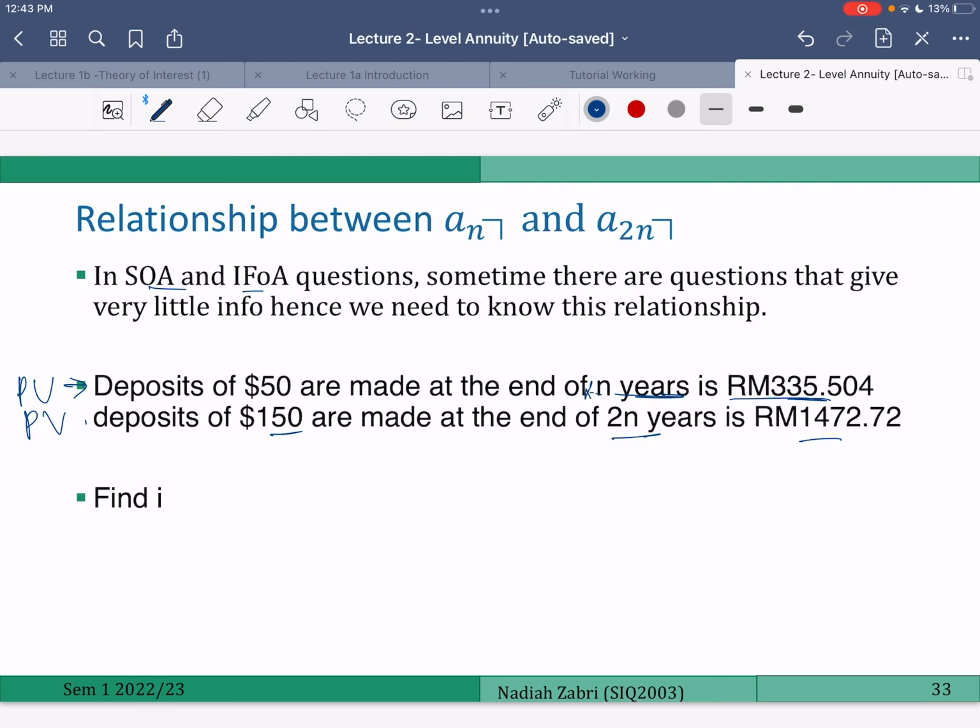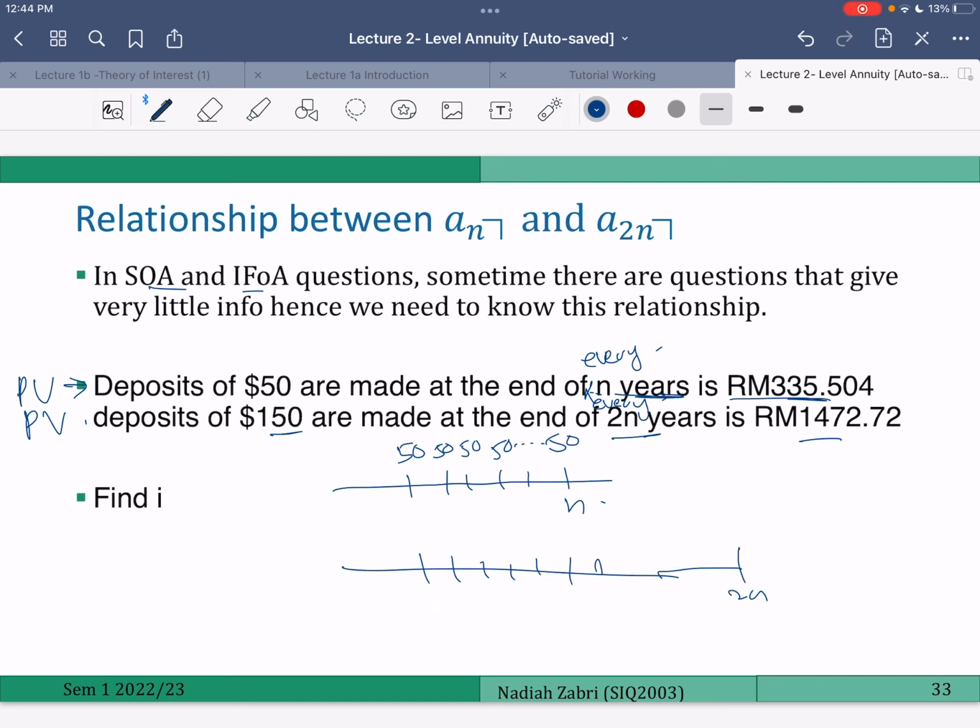Okay, so basically if you draw it, over N years the deposit is 50 each year. And then the next one is for 2N, where every year you have 150.